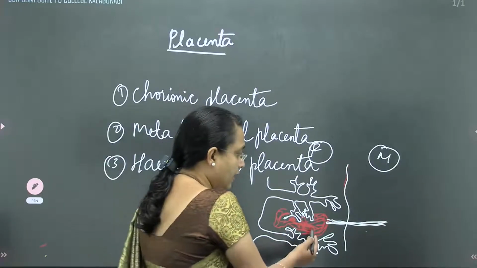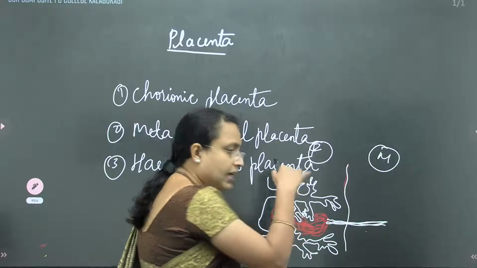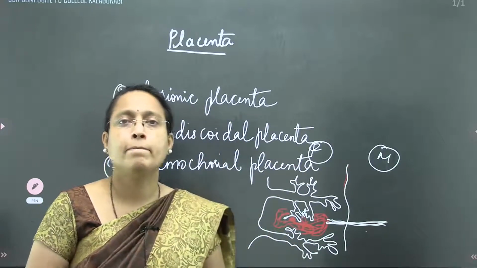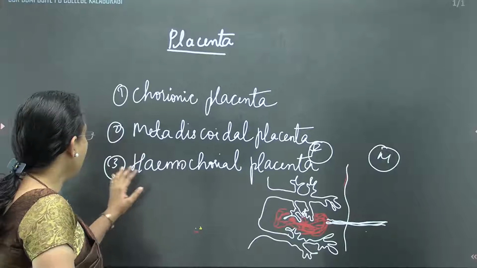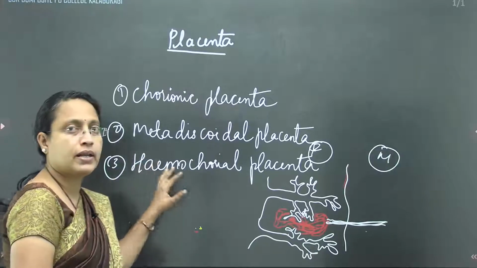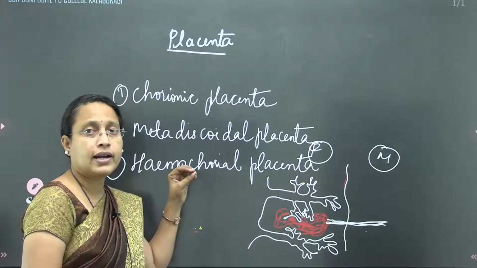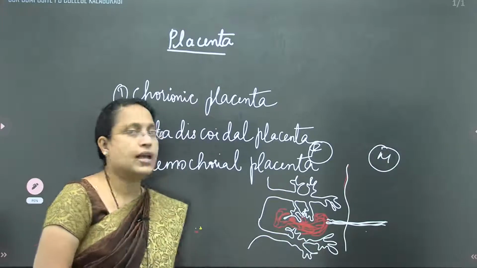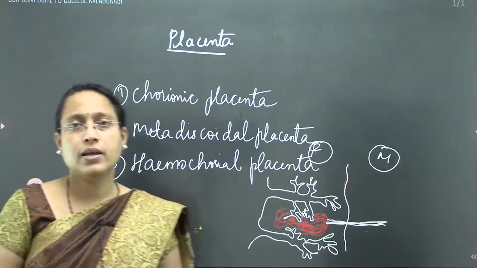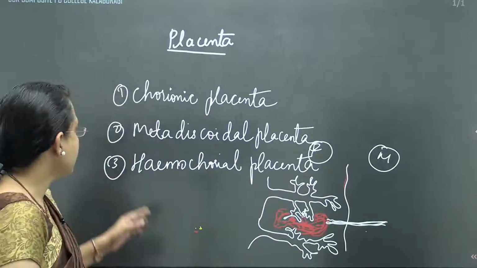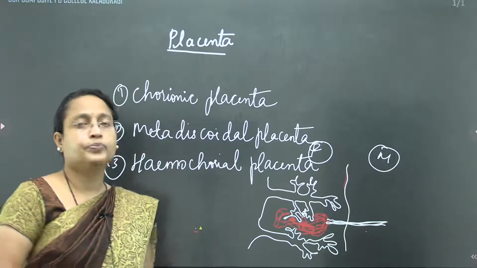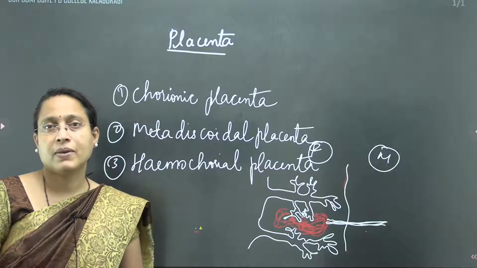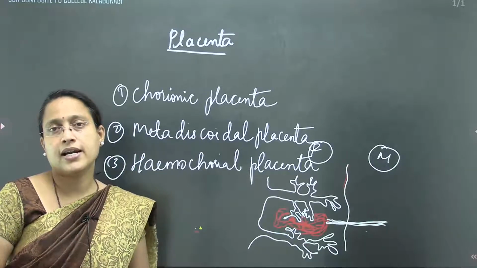So this is a maternal blood, and therefore this villi will dip directly into the maternal blood. Since the villi are directly bathed by the maternal blood, such type of placenta is called as hemochorial placenta. So this is nothing but the third way in which the placenta of human being can be described.